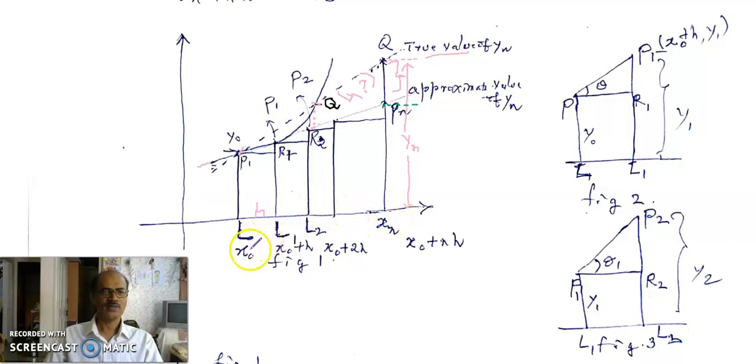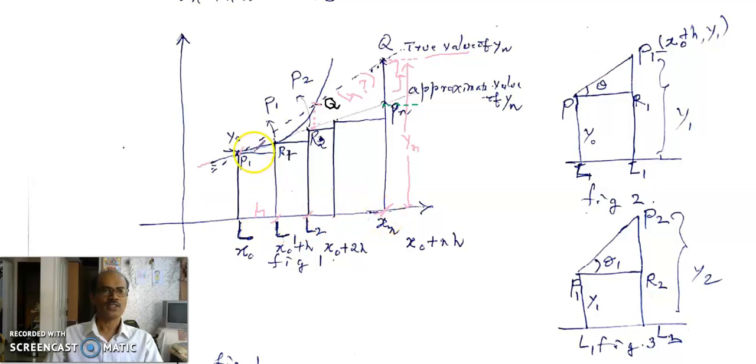This is x naught, then x naught plus h, x naught plus 2h, and obviously this point is x naught plus nh, because we have divided this into n number of partitions.